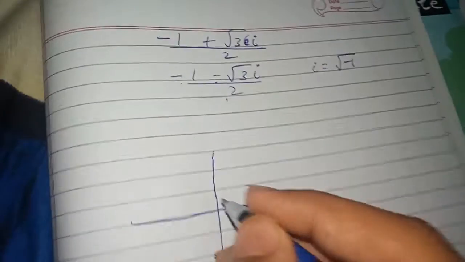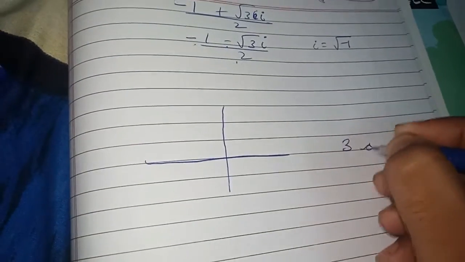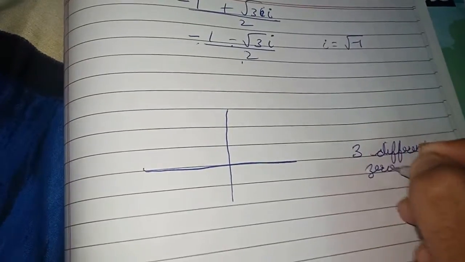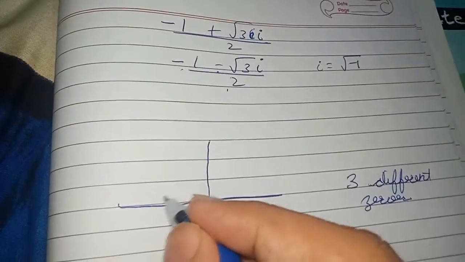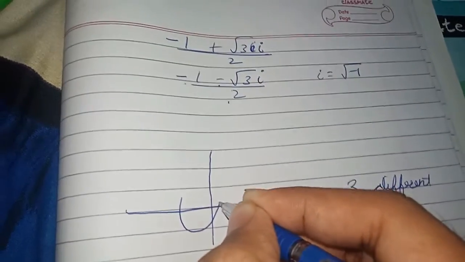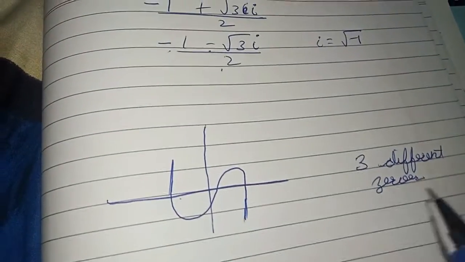So here let's say that in a cubic polynomial there are 3 different zeros. Therefore the graph will intersect the x-axis at 3 different points. Okay, so here will be 1, 2 and 3. Here it is 1, 2 and 3.